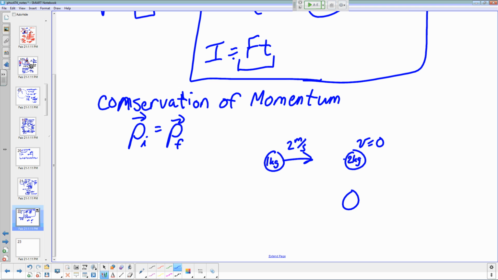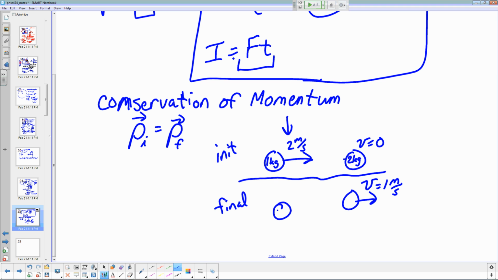If the 2 kilogram ball goes away with a velocity equal to 1 meter per second, then I can calculate what should be the velocity of the 1 kilogram ball. All right, so this is the initial state. This is the final state. What should be the velocity of the 1 kilogram ball after the 2 kilogram ball goes away with 1 meter per second?